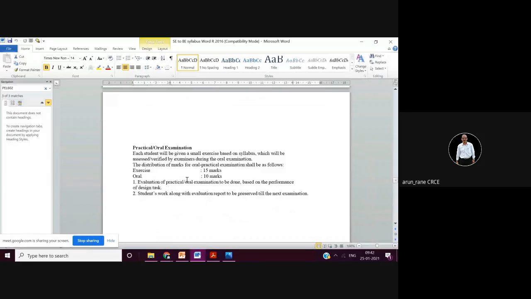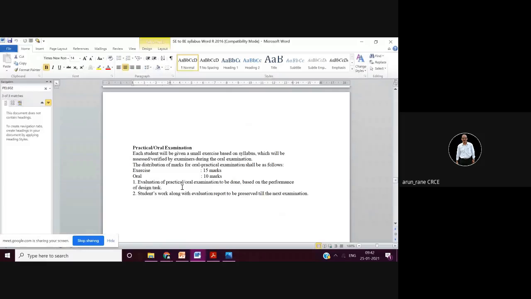Then your practical and oral examination, again if it is offline. You will be given a task, that is, write the operation sequence for this component, or do preliminary part analysis, or do cam design. So that is 15 marks, and then oral will be 10 marks. So like that it is.